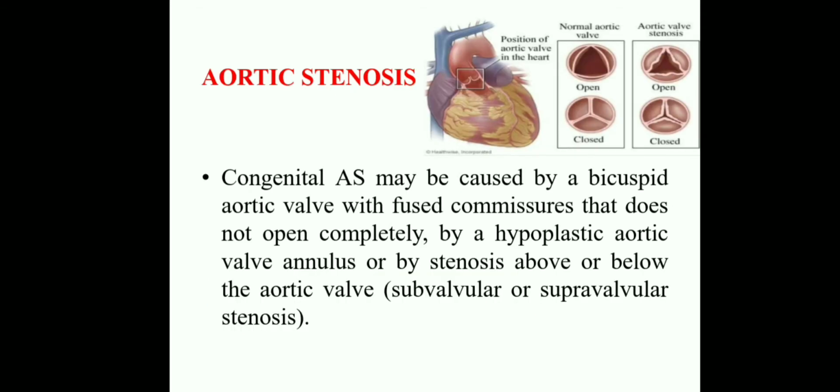Coming to the introduction of aortic stenosis, congenital aortic stenosis may be caused by a bicuspid aortic valve with fused commissure that does not open completely. What does commissure mean? It is an abnormal stiffness present in that bicuspid valve. I said the valve is there in the aorta.